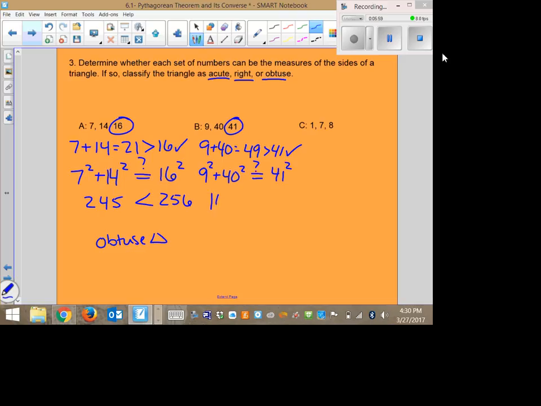So we get this to be 1,681, and this side to be 1,681. Those equal each other, so it is a right triangle. And our last one here, we get 1 plus 7 equals 8, and so that's not bigger than 8. So this is actually not even a triangle.